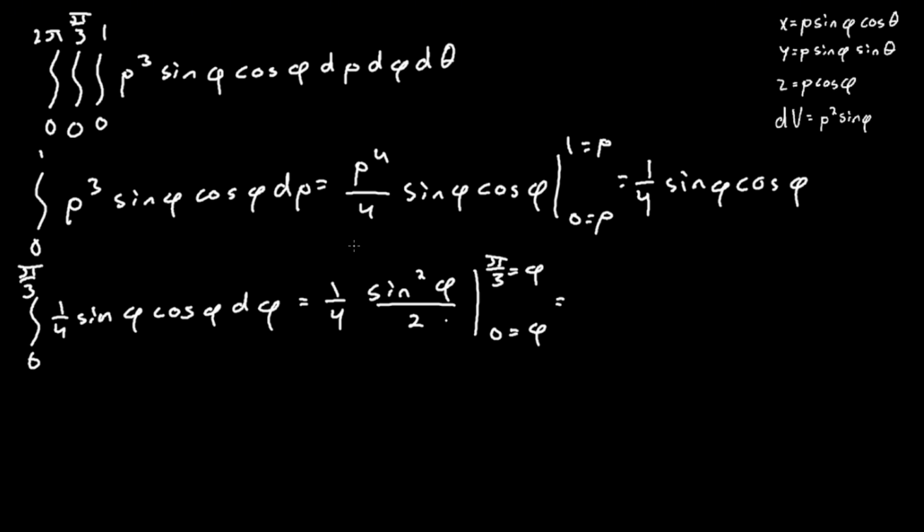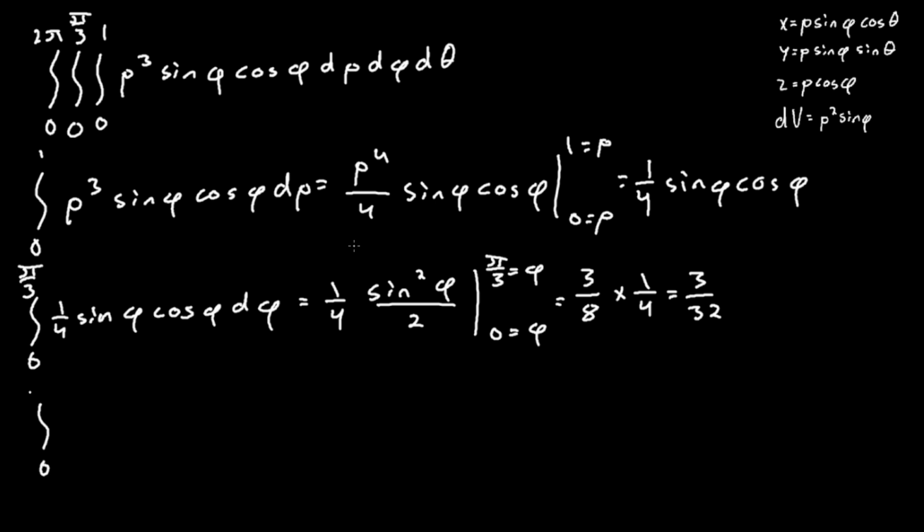You just require some chain rule, some power rule. And all that's left after this is 3 over 8 times 1/4. And this is just 3 over 32.